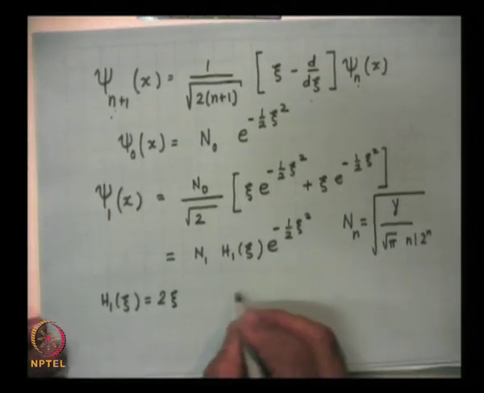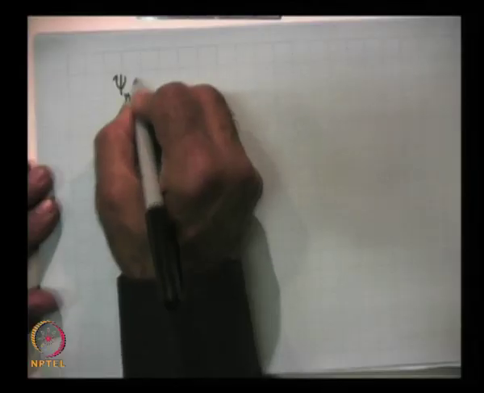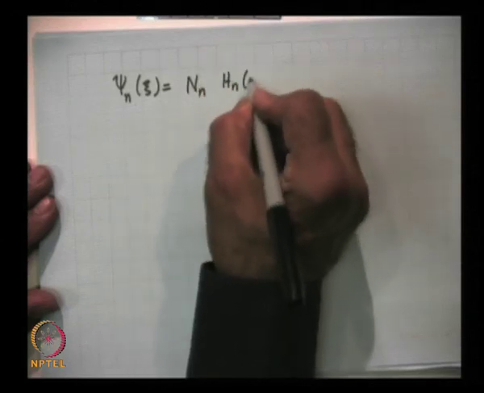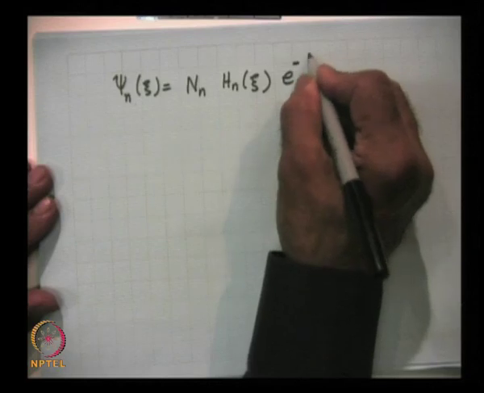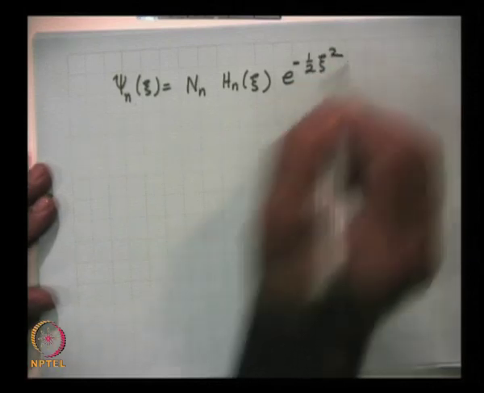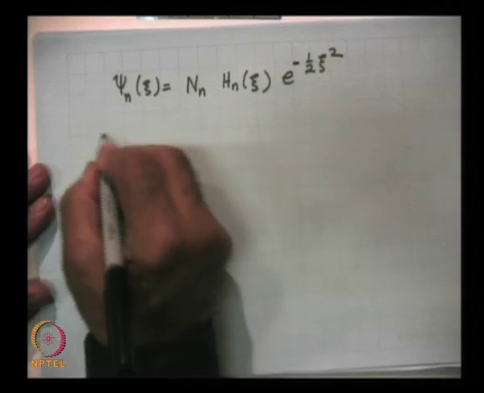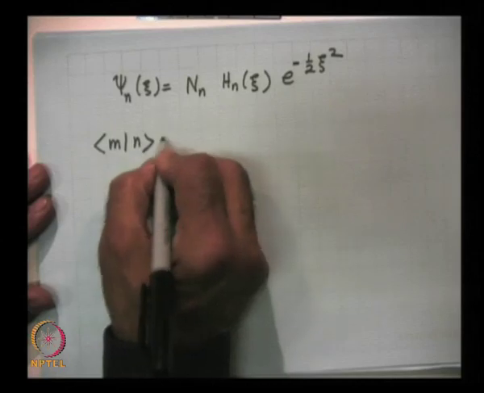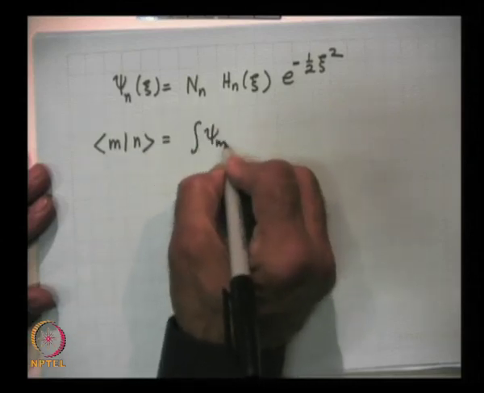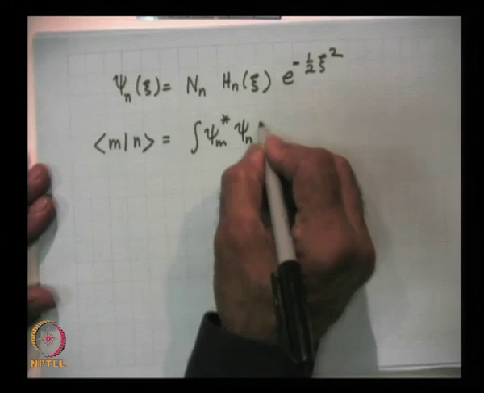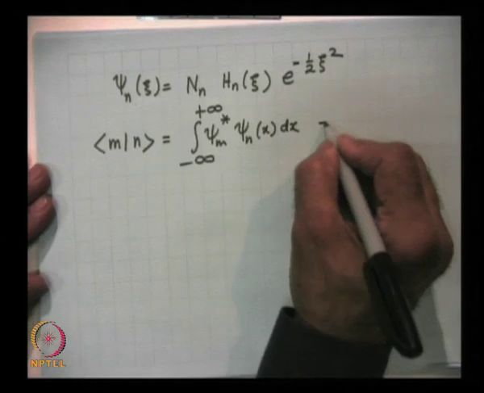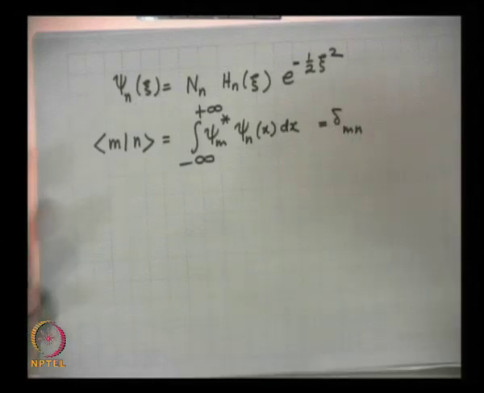And the final result is, as you all know, that psi n of xi is equal to N n H n of xi e to the power of minus half xi square. And here the relationship with the kets is through the scalar product bra m ket n is equal to the integral of psi m star psi n dx from minus infinity to plus infinity, and that as you all know is a Kronecker delta.